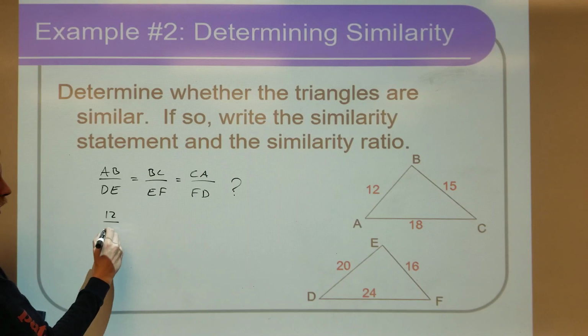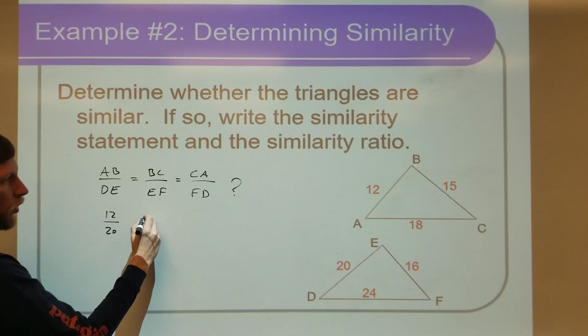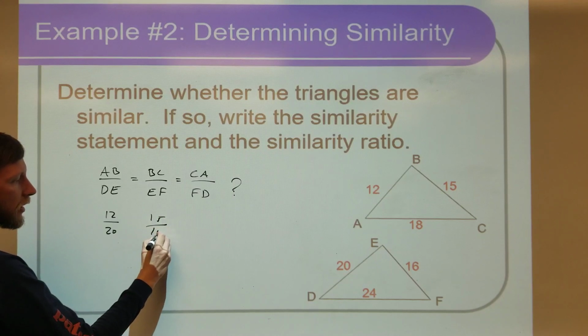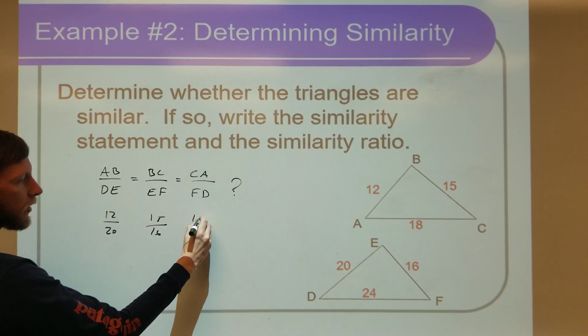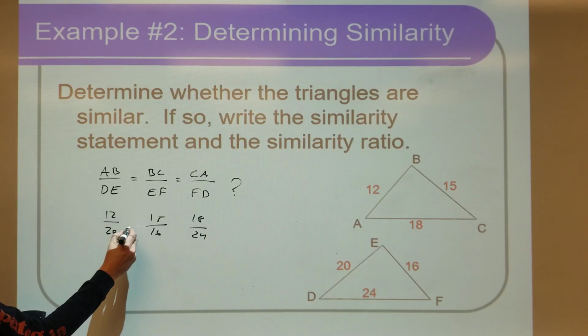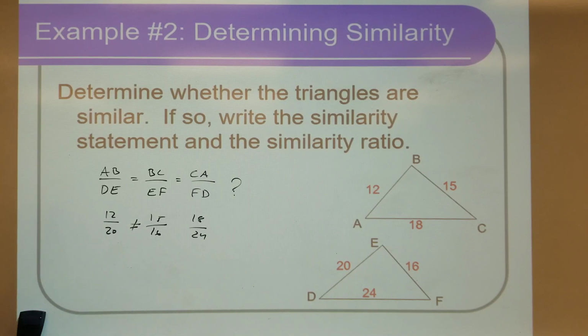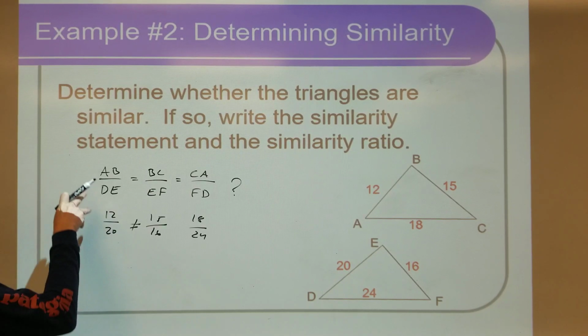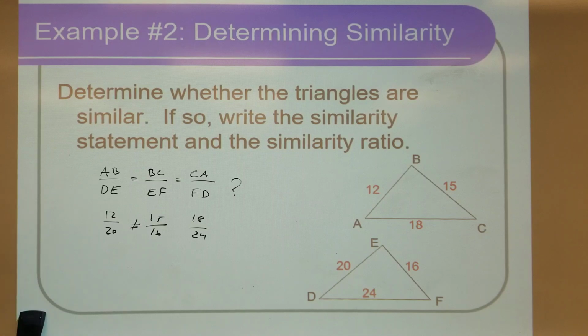So we have 12 to 20, we've got 15 to 16, and we've got 18 to 24. Well, what we can find out pretty quickly is that these are not equal to each other, all right? We can show that AB to DE is not proportional to BC over EF.